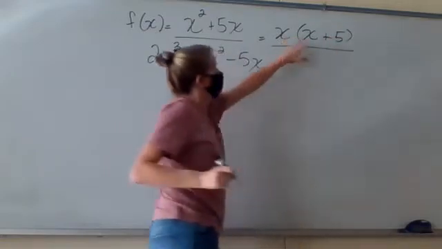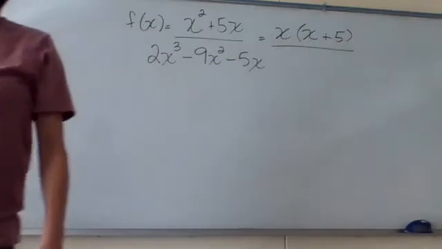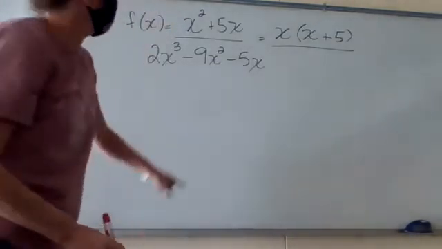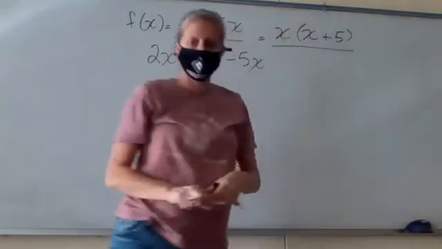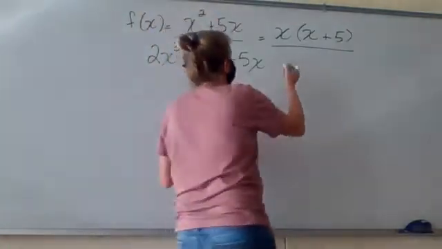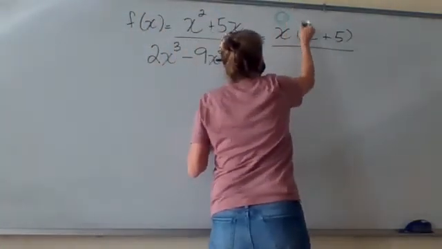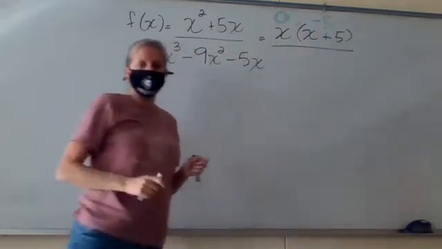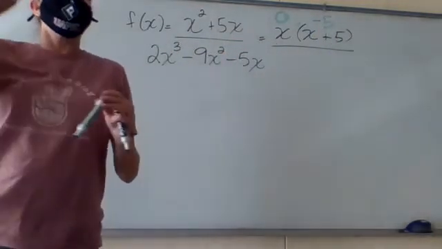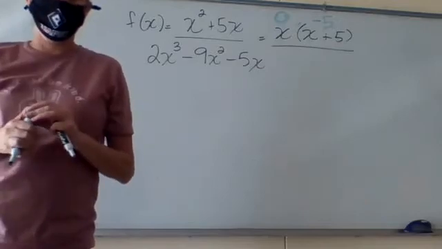So let's see, what zeros do those make? If I set this equal to 0 and solved it, it would tell me x equals 0. If I set this equal to 0 and solved it, it would give me -5. So 0 and -5 are the zeros of the numerator.